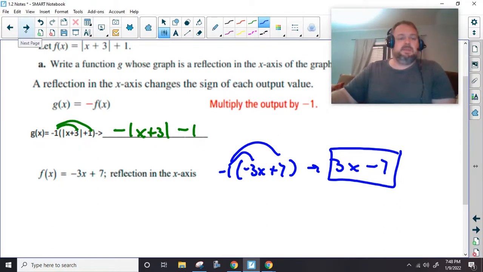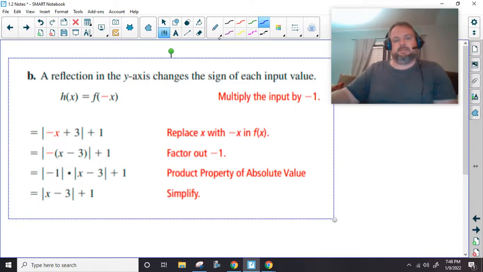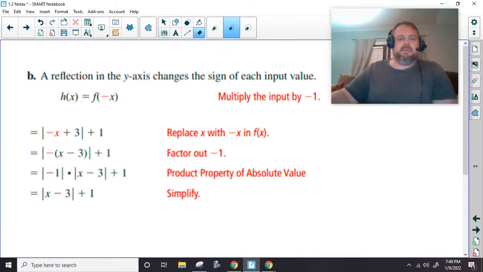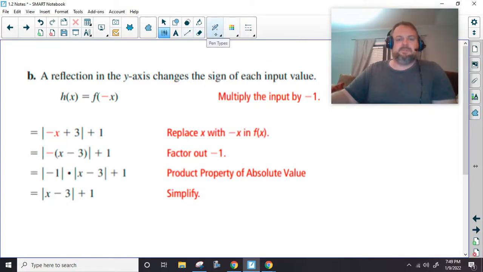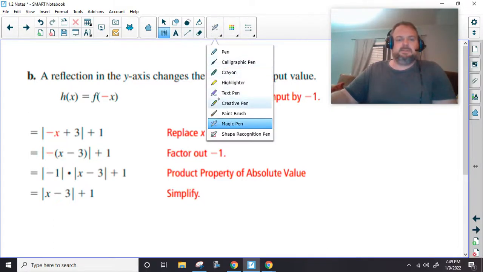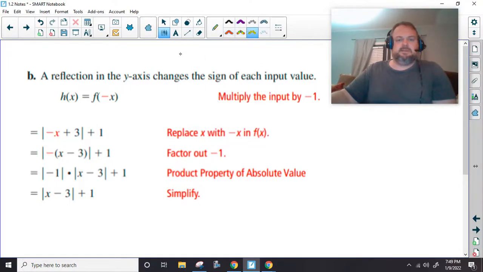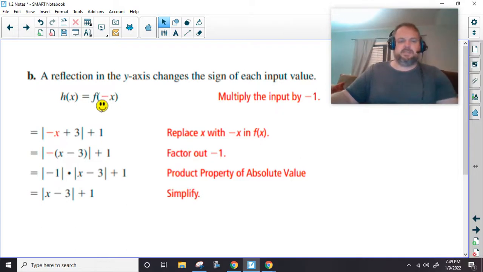Okay. All right. These I don't like so much, and the main reason why is because it can seem kind of confusing. Okay. Let's follow around the smiley face, shall we? All right, so basically we have to change this to a negative x because this is about the y-axis. We didn't learn about this the other day, but potato, potato.